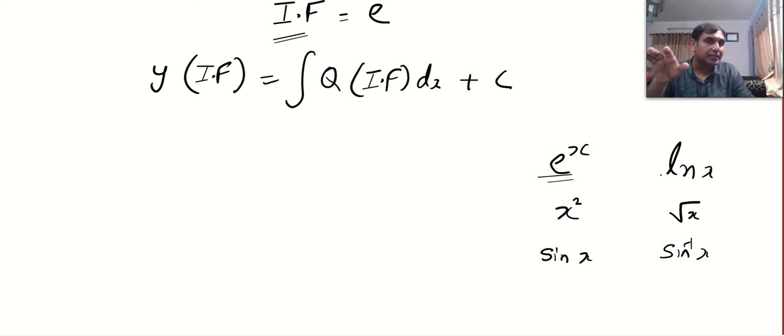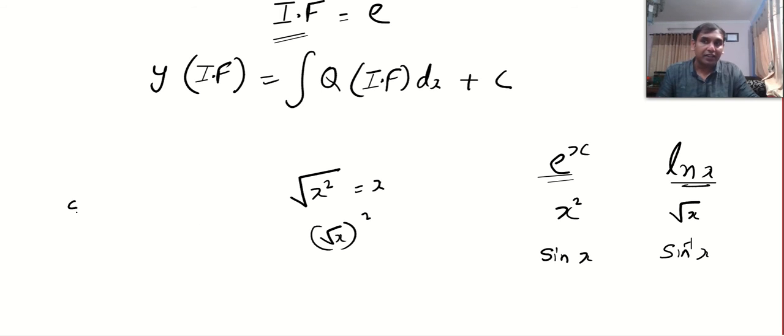So whenever they meet each other as a chain function, for example, if you see root under x squared, you know the answer will be x. Or root under x the whole squared, the answer will be x. Similarly, sin inverse of sin 30 degrees, the answer will be 30 degrees.